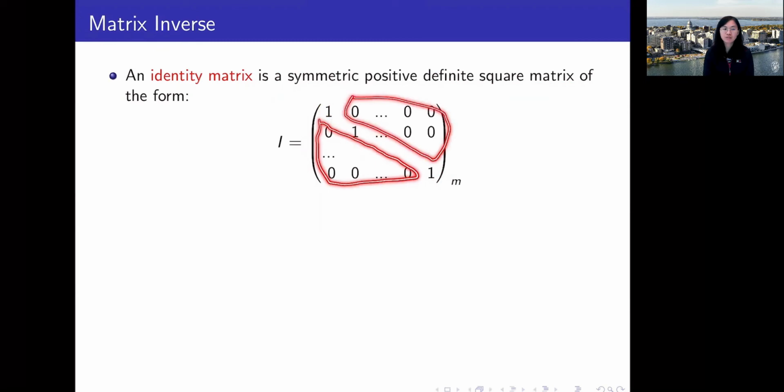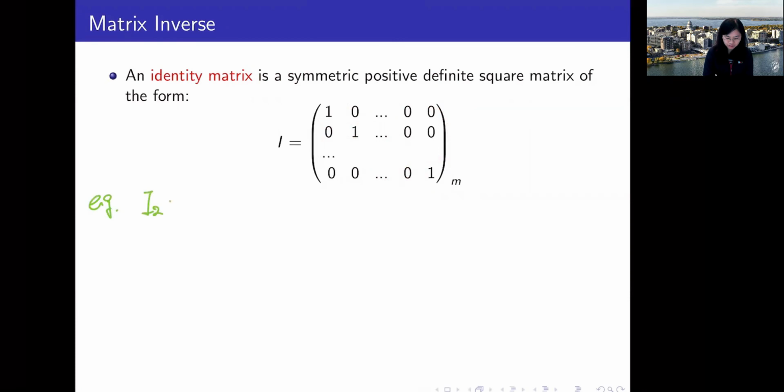If a matrix is of this form, then it is an identity matrix. So for example, the two-dimensional identity matrix is 1, 0, 0, 1. An identity matrix multiplying any other matrix, as long as the product is conformable, you get that matrix back.